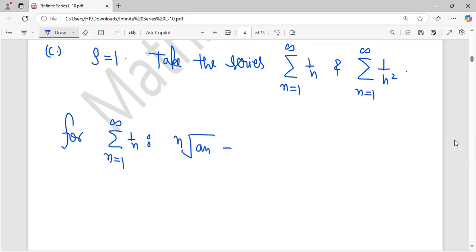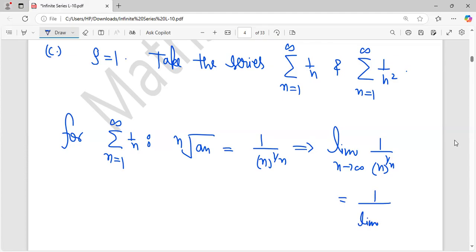This implies the limit as n tends to infinity. What is its limit? But this is actually one. The limit of this is always one, so this is one.